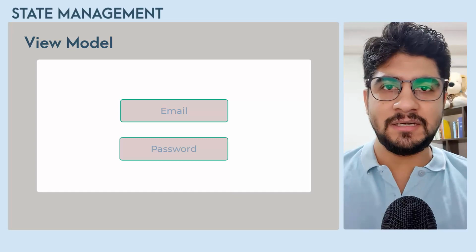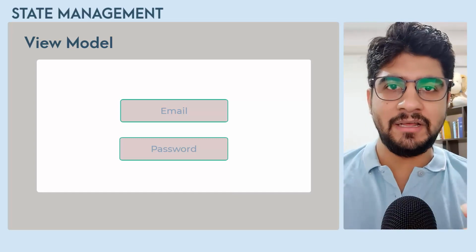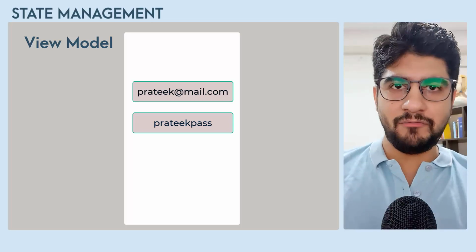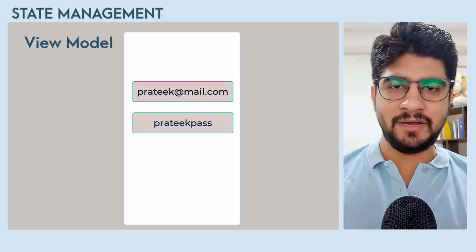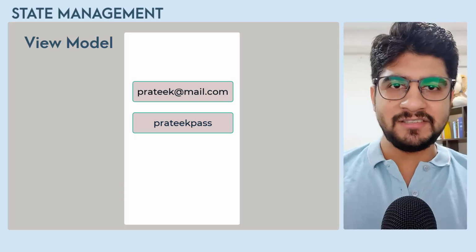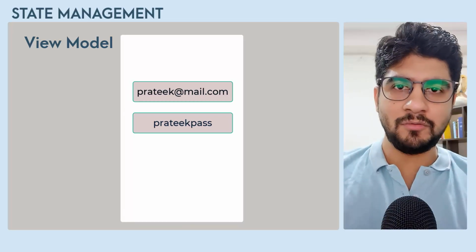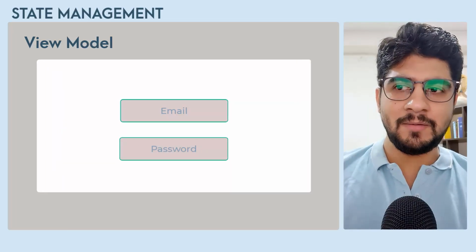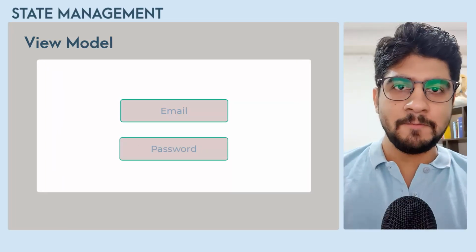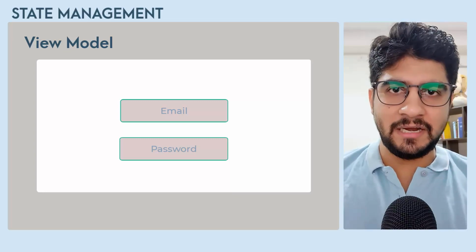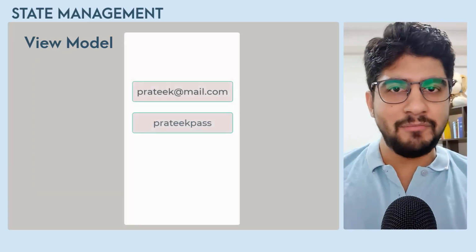When this happens, the screen, the activity, destroys itself and recreates again. Now, if you have put the data variables in the activity, your activity instance is destroyed. So suppose you have entered 4 characters of email and you have rotated the screen, the 4 characters will be destroyed, and once the activity is recreated, the email field will be empty.